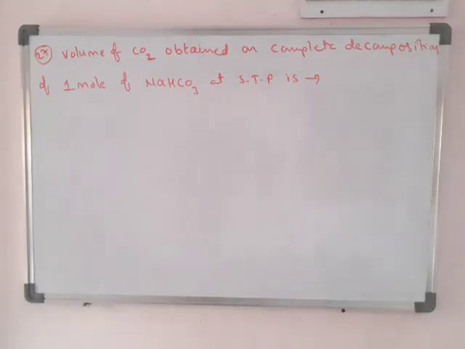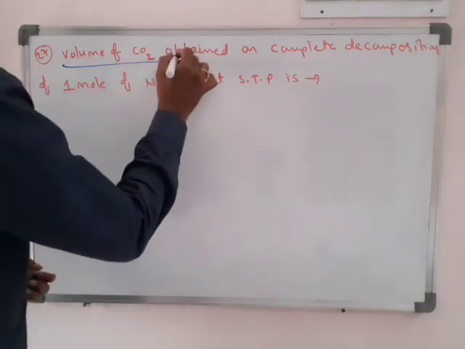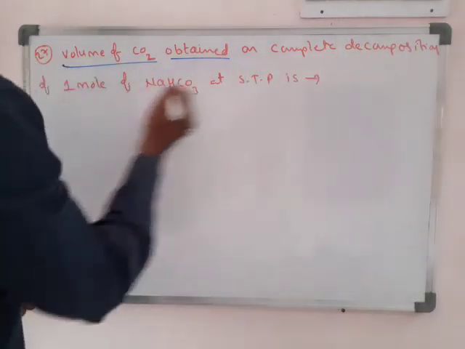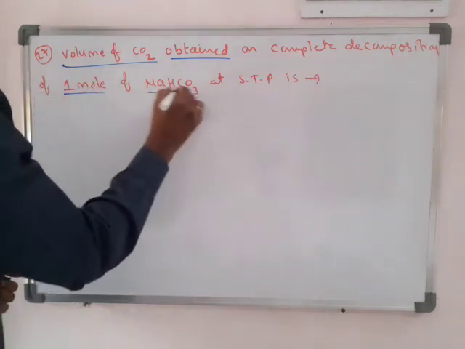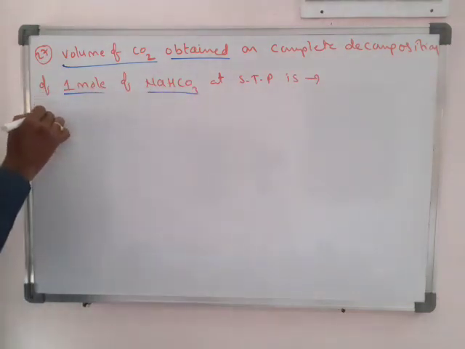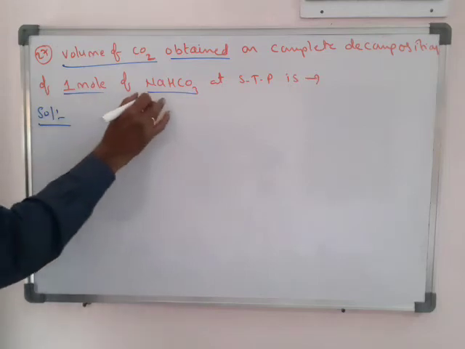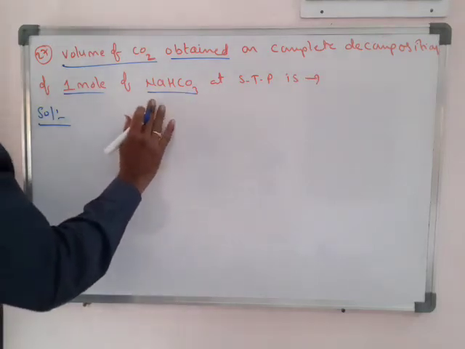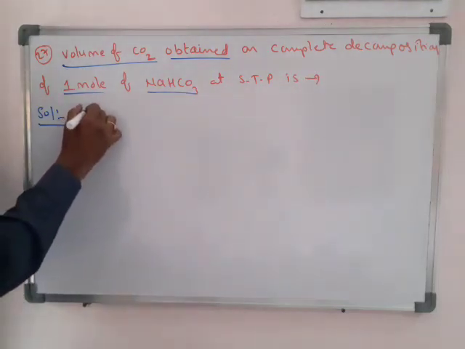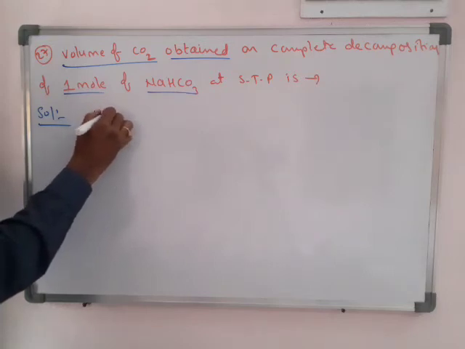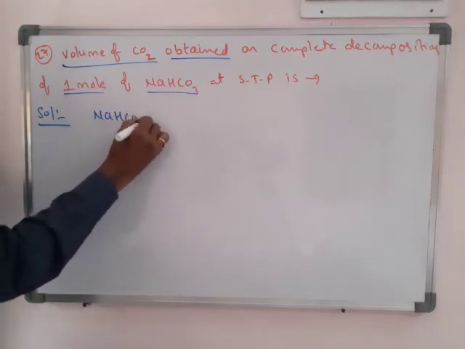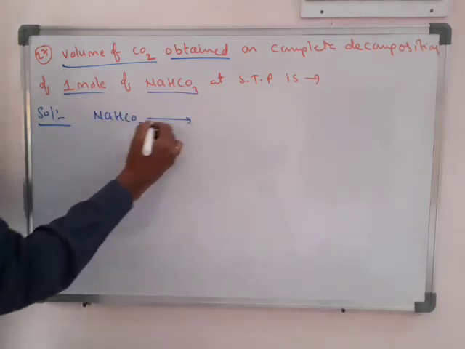Let's see the next one. We have to find the volume of carbon dioxide obtained on complete decomposition of 1 mole of sodium hydrogen carbonate at STP. Sodium hydrogen carbonate is also known as sodium bicarbonate. We have to know it's a decomposition reaction. This is a very important and very common reaction.